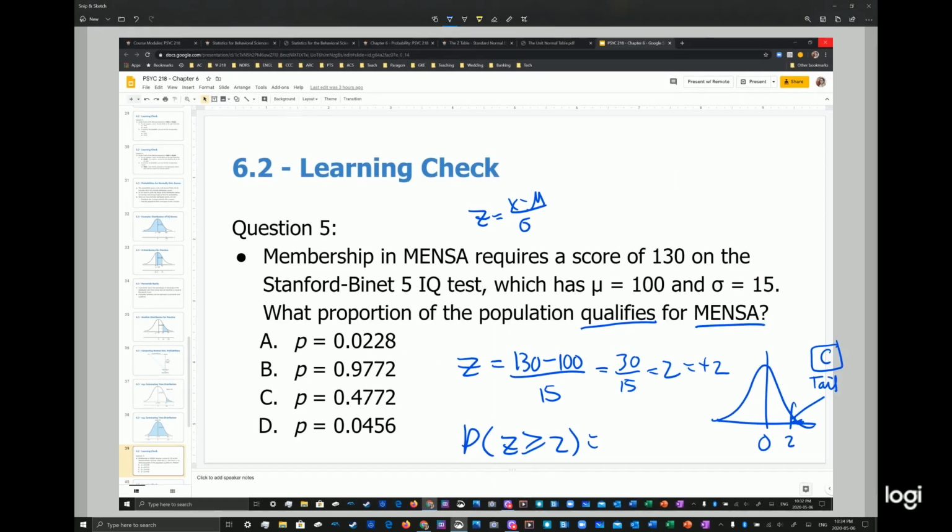So 0.0228. Multiply that by 100, and that gives us 2.28%. So 2.28% of the population would qualify for Mensa. You can also convert this into a percentile, which is 1 minus this.